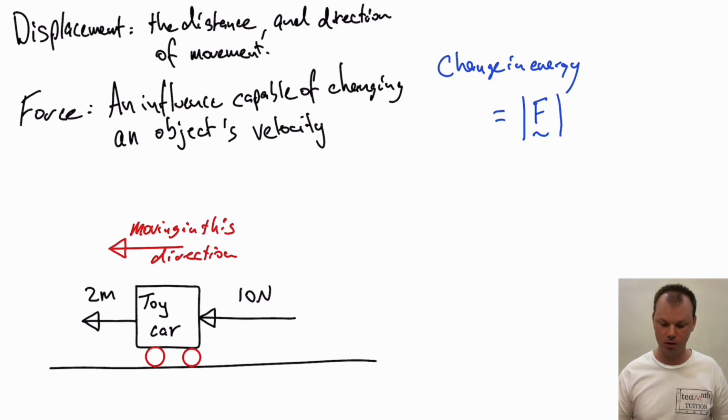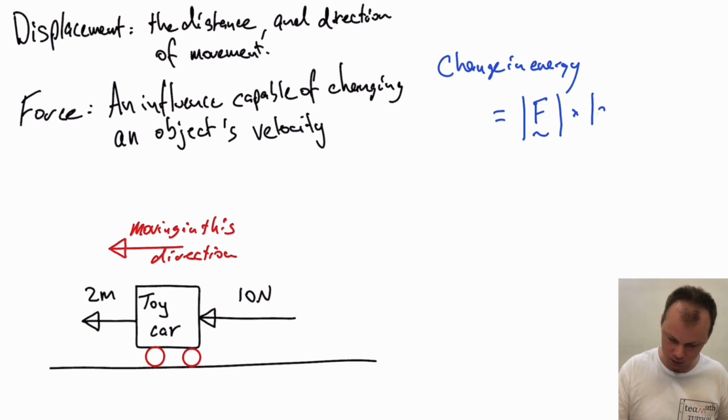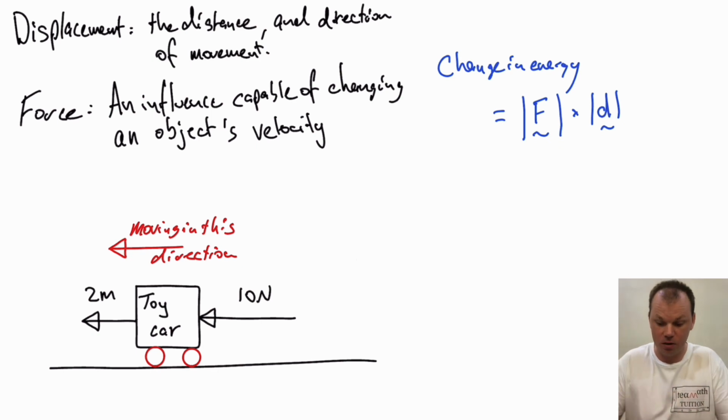We've got the magnitude of the force times the magnitude of the displacement. And that tells me what my change in energy is going to be. Now, this is a physics context. I'm not going to go into the derivation of that formula, but this is just an example to help us understand why the dot product is important.